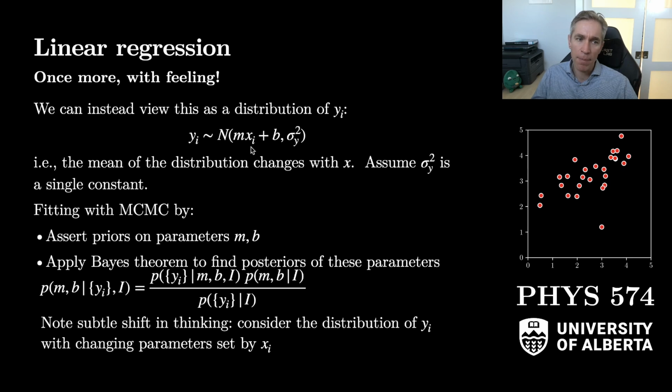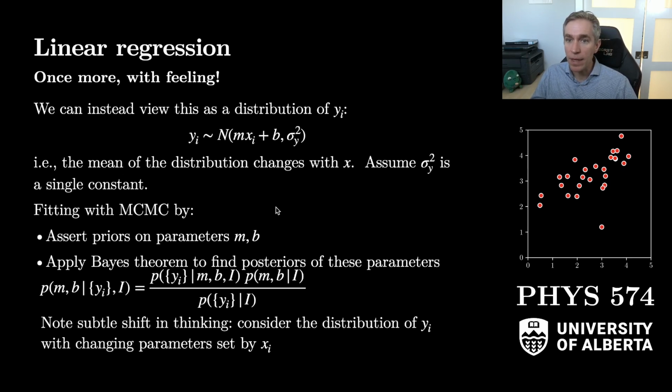So we say that mx plus b is the mean of this distribution, and sigma_y is going to be the variance of that distribution. For simplicity, we're going to start out by assuming that sigma_y is just one constant for right now. We can alter that, but for the teaching point, let's just say it's a single variance that is either given or not known.